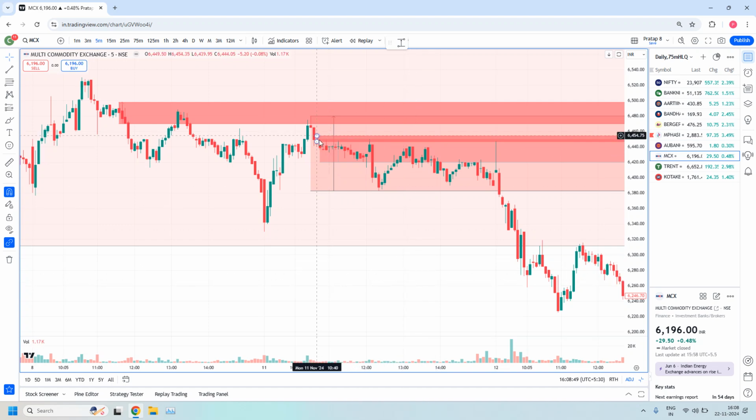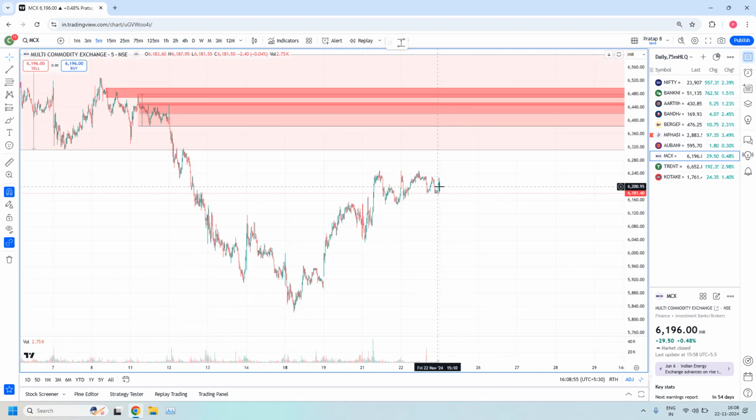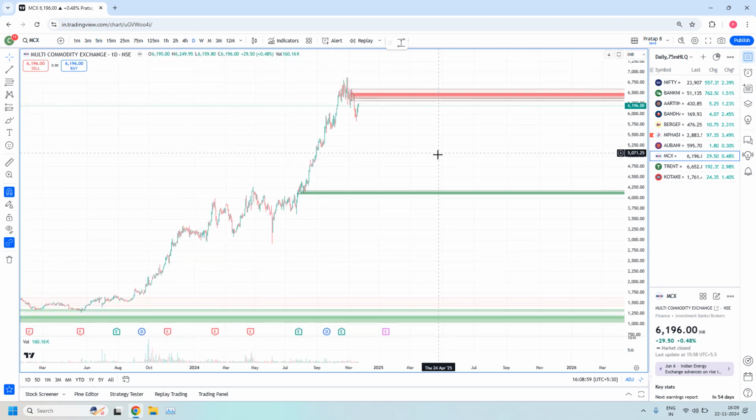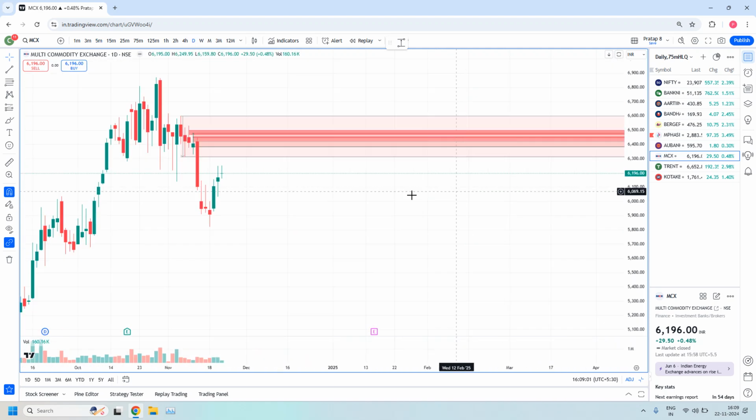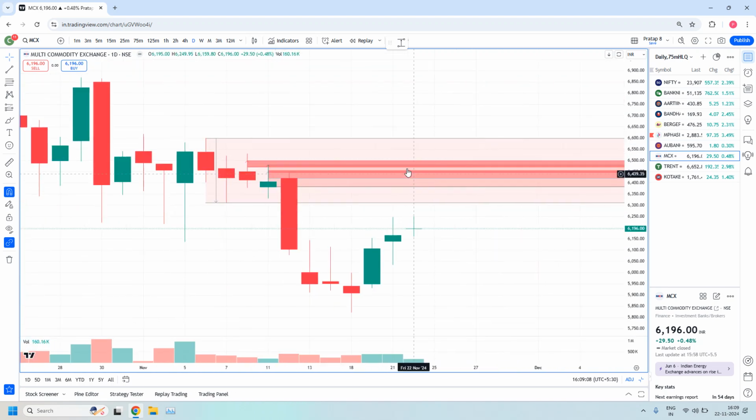After that, this 1 minute zone is controlling the prices. But anyway, today price did not enter into this zone. We didn't get any trade.